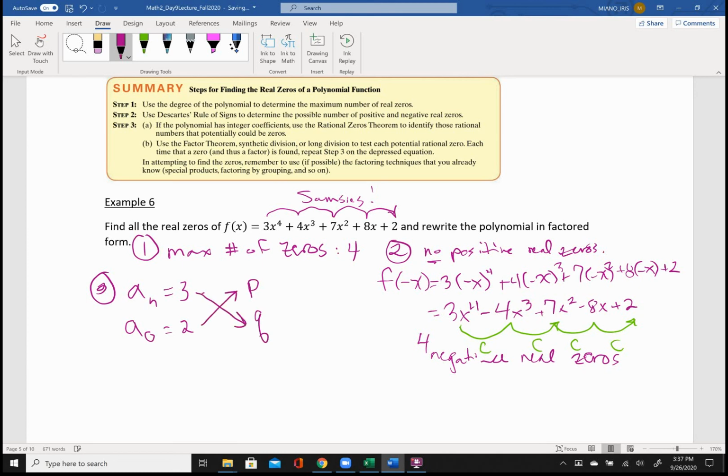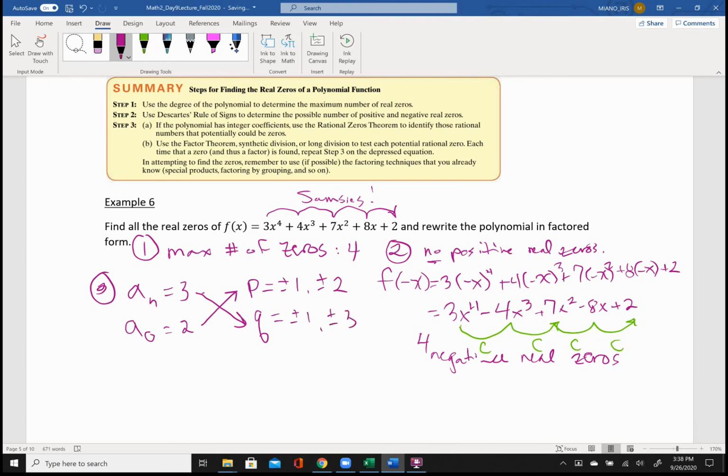Okay, so the factors themselves, sorry, I'm just looking at my notes here, are indeed plus or minus 1, plus or minus 2, and plus or minus 1, plus or minus 3, and that's what you should expect because both of these numbers are prime.